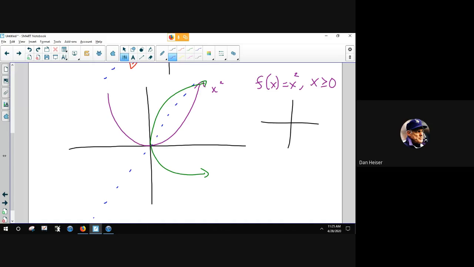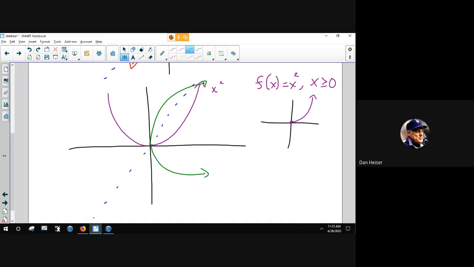So now we have half a parabola. That's 1-to-1. Passes the vertical line test, so it's a function. It passes the horizontal line test because I chopped off this entire half. I said x is only allowed to be 0 or bigger.